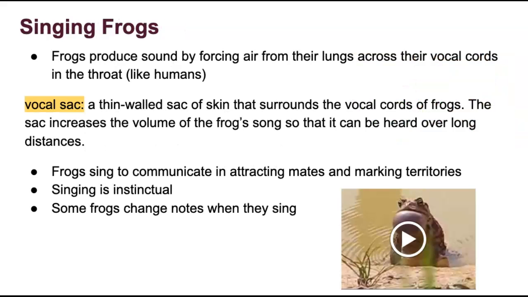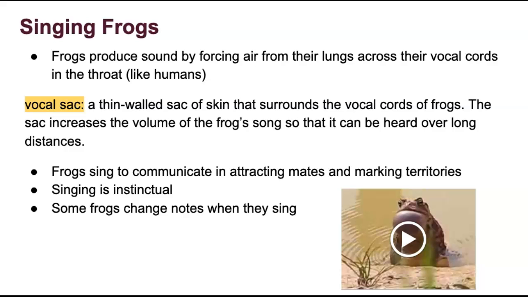Frogs produce sound by forcing air from their lungs across vocal cords, just like you and I. It happens in the throat region, again, just like humans. That area is called the vocal sac, and it's surrounded by a thin wall of skin, and the vocal sac is sort of like putting your cell phone into a cup or a bowl. It amplifies sound. It gives that sound a place to reverberate before it comes out.